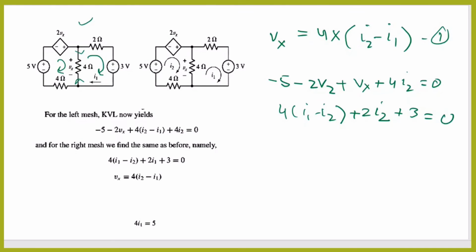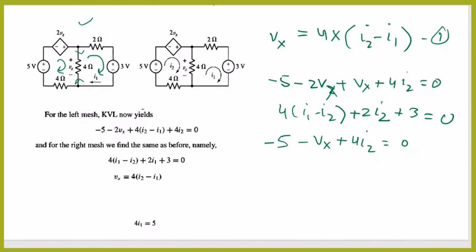So there are two equations. After writing the two equations, what you have to do is solve. So minus 5, what is minus 2Vx plus Vx? Minus Vx, plus 4I2 is equal to 0. So from this, what is Vx?